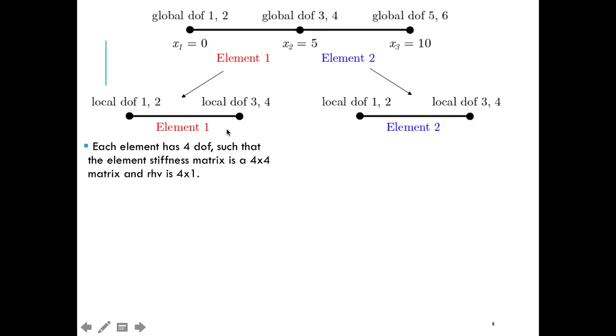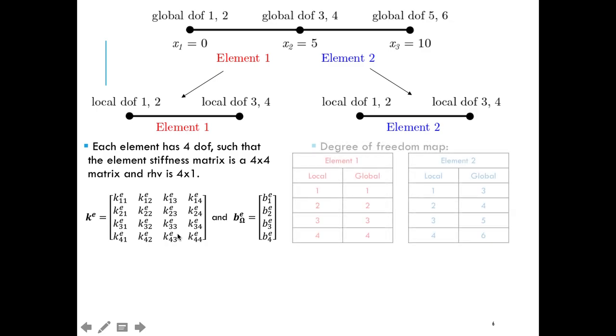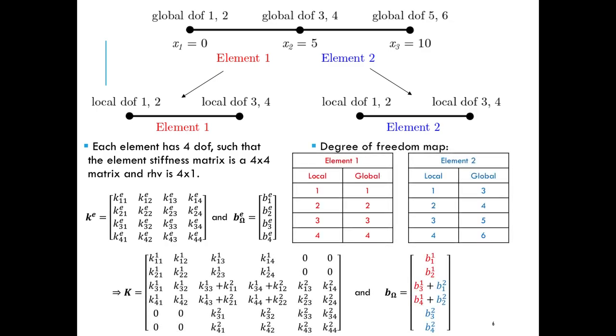What about the global one? So globally, I have how many degrees of freedom? 1, 2, 3, 4, 5, 6. So that means that my global stiffness matrix, capital K, will have a rank of 6 by 6.